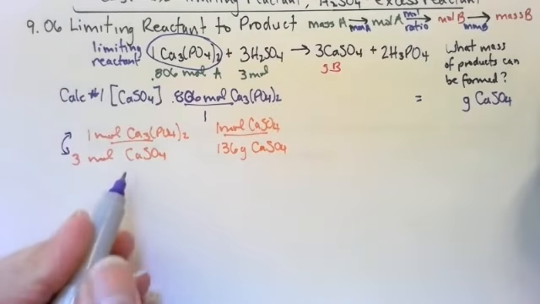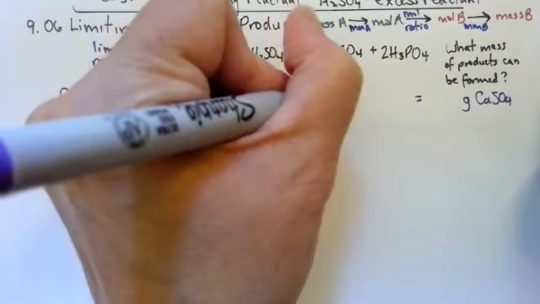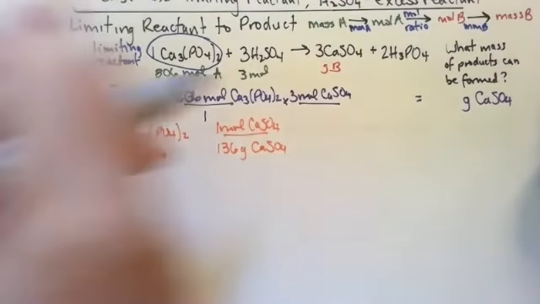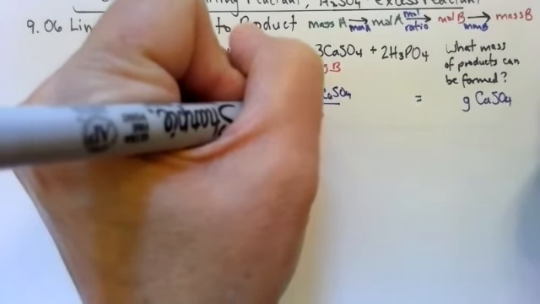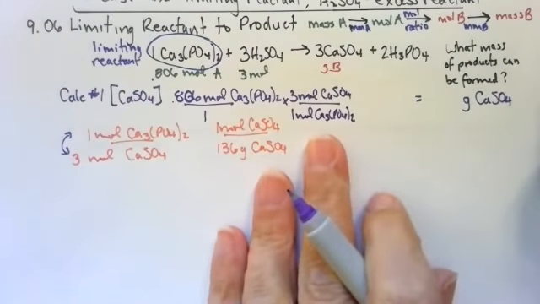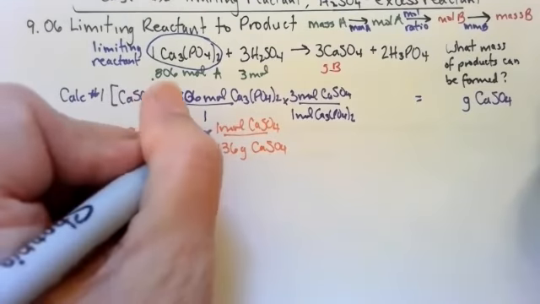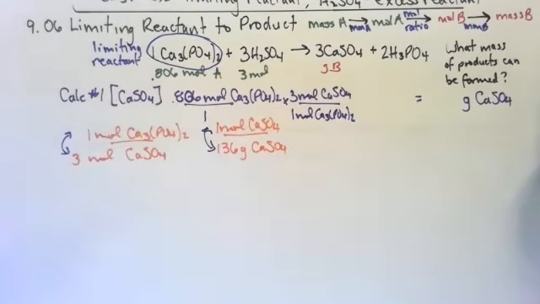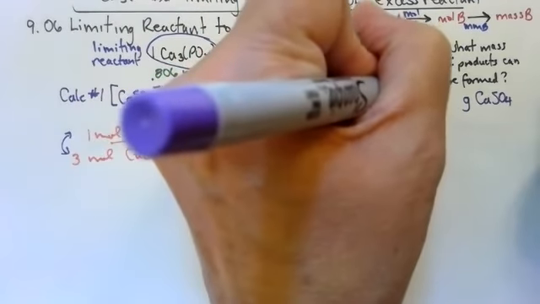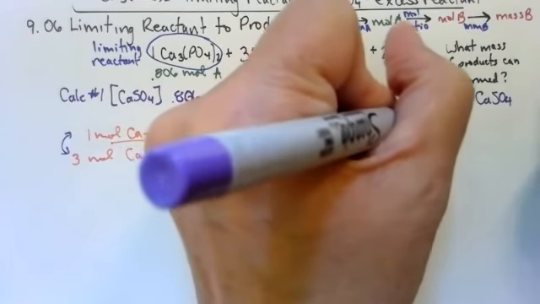I have calcium phosphate on the top, so I'm going to go 3 moles CaSO4 to 1 mole Ca3(PO4)2. This is what you did in the last calculation. You came up with 2.4 moles, but I'm just going back through the whole process. This is also going to have to be flipped. I have moles of calcium sulfate on top, so this is going to be 136 grams CaSO4 over 1 mole CaSO4.